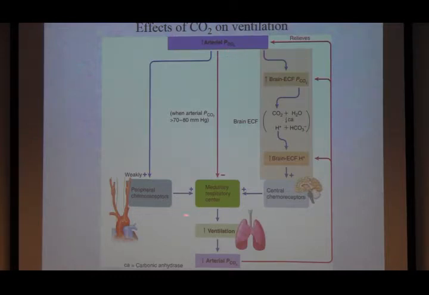And this is where the peripheral chemoreceptors come into the mix. As you will see, the major role of the peripheral chemoreceptors is basically an emergency, life-saving role, where PCO2 levels are so high that the medullary respiratory centers can become inhibited.